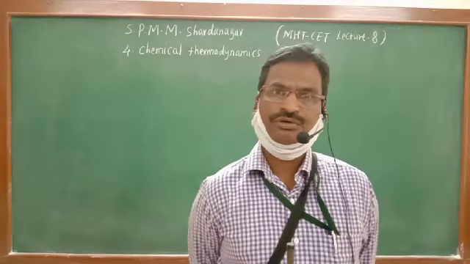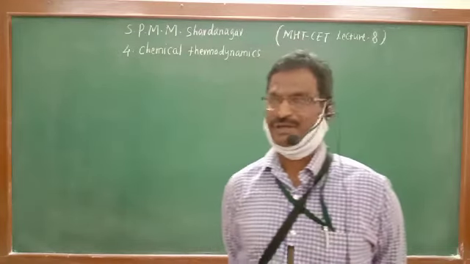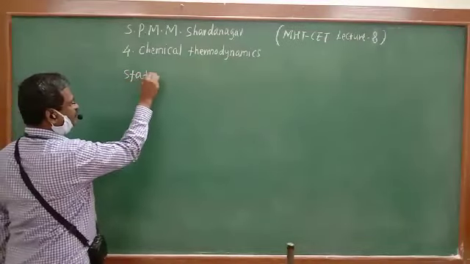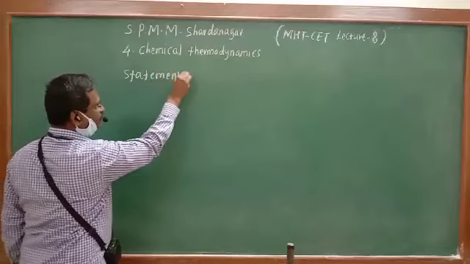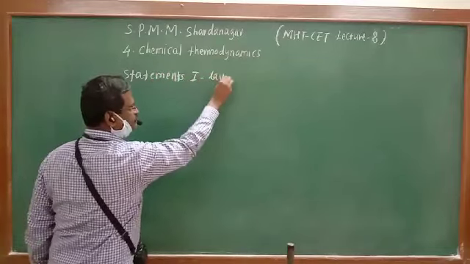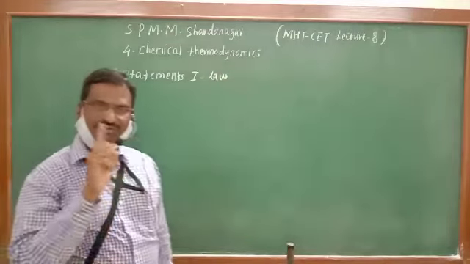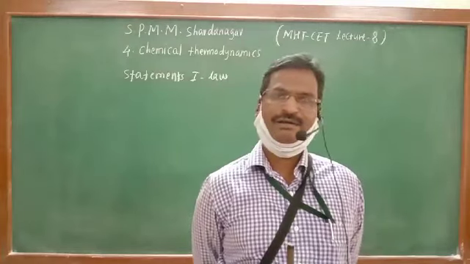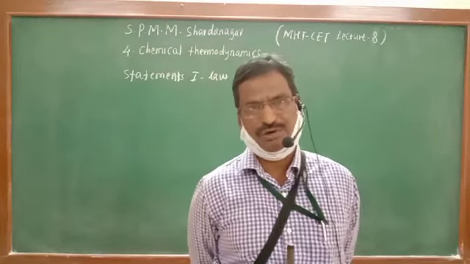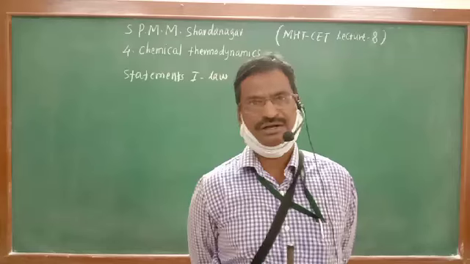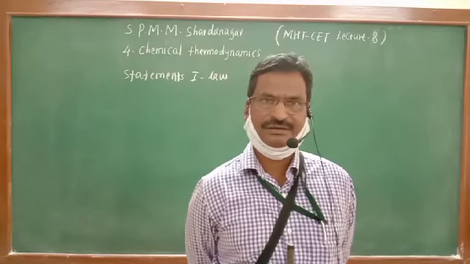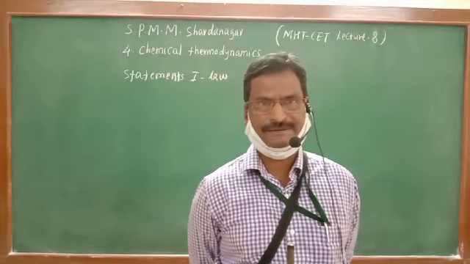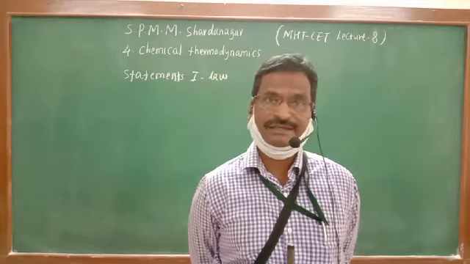We know the first law of thermodynamics is stated in different manners. There are different statements of the first law of thermodynamics. In the first statement, energy can neither be created nor destroyed. One form of energy is just converted into another form of energy, and the total quantity of energy remains constant because it is conserved.